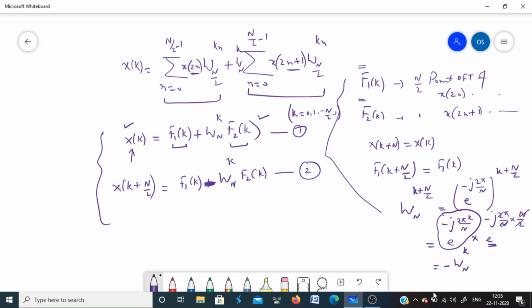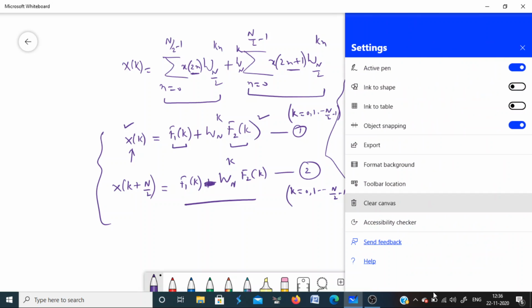The first N by 2 samples you will get from one equation, and the next N by 2 samples of output you will get from the other equation. So these two equations are now the fundamental equations which are used to combine the N by 2 point DFTs to get the N-point DFT, and see how it is combined.